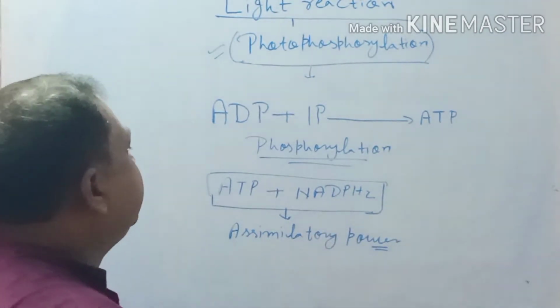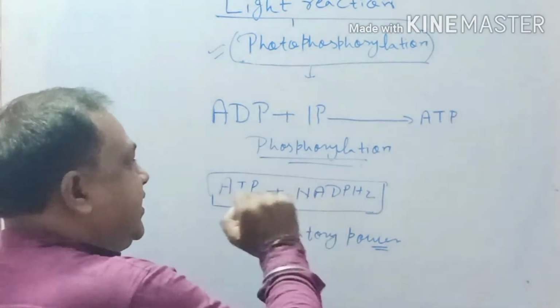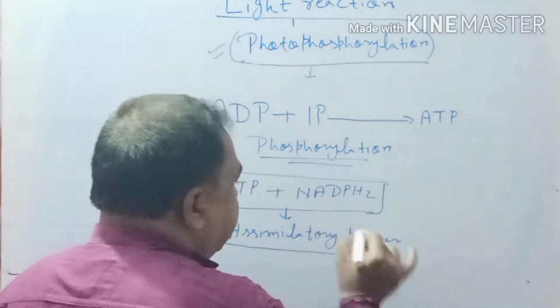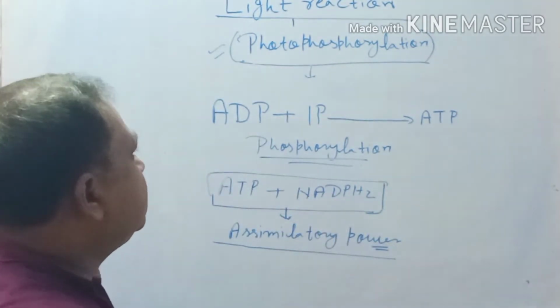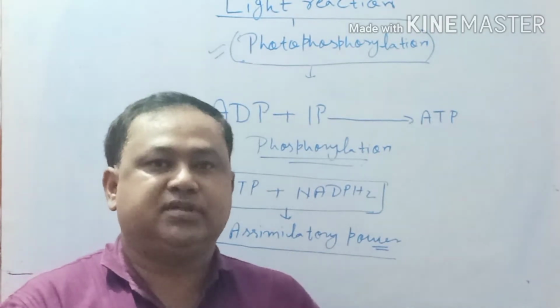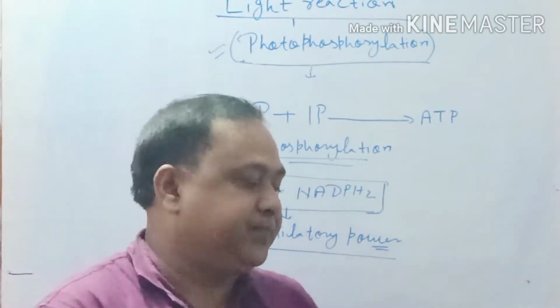It is the light dependent process in which ATP and NADPH2 are produced as products, called assimilatory power. Photophosphorylation means when the process of phosphorylation takes place in the presence of sunlight.